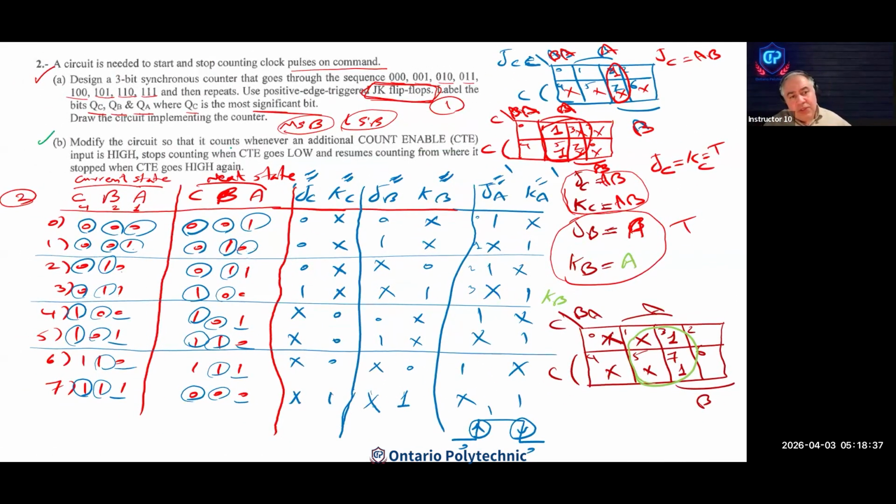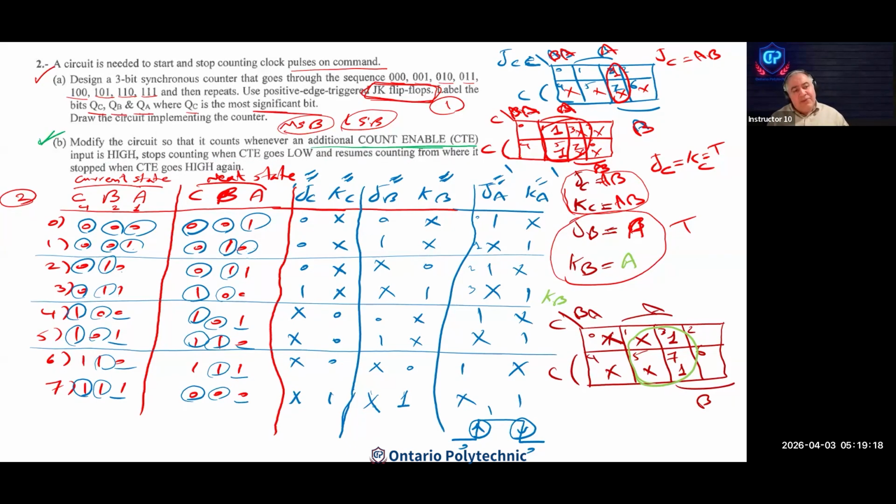Modify the circuit so that it counts whenever an additional count enable input CTE is high. Stop counting when CTE goes low and resume from where it stopped when CTE goes high again.